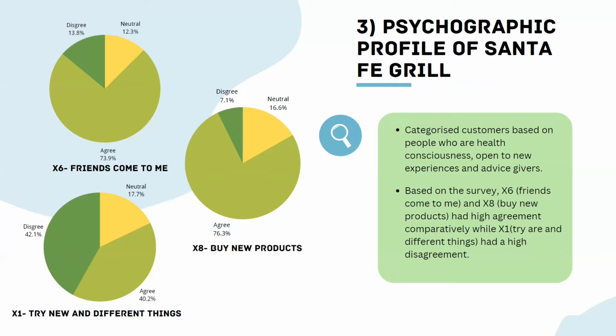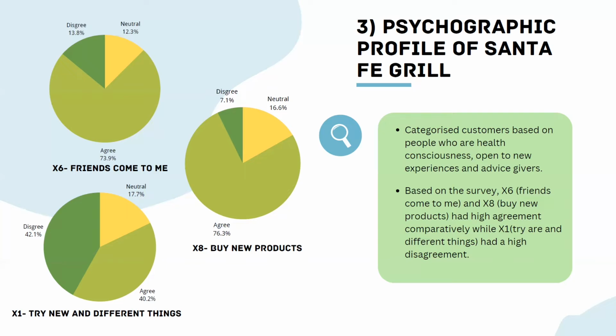While X1, which is the variable for question 1 about trying out different things, had high disagreement. Here, there was a contradictory thing noticed, that they would not really want to try out new different things. This is reflected in the pie charts on the left-hand side.